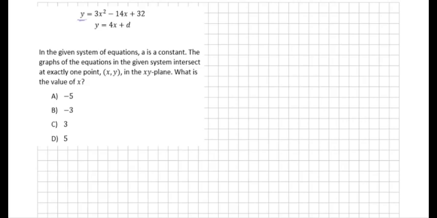As you can see here, y, and this is also y. So as long as they are both values of y, we have to say that these are equal. So we can write an equal sign between them. So 3x to the power of 2 minus 14x plus 32 is equal to 4x plus d.